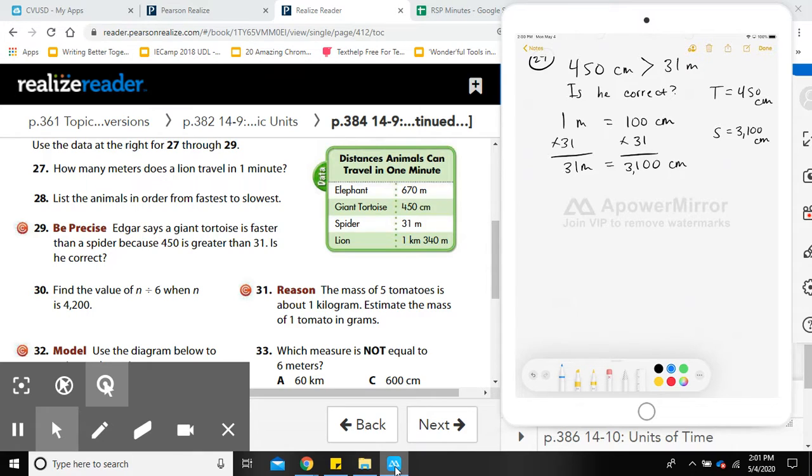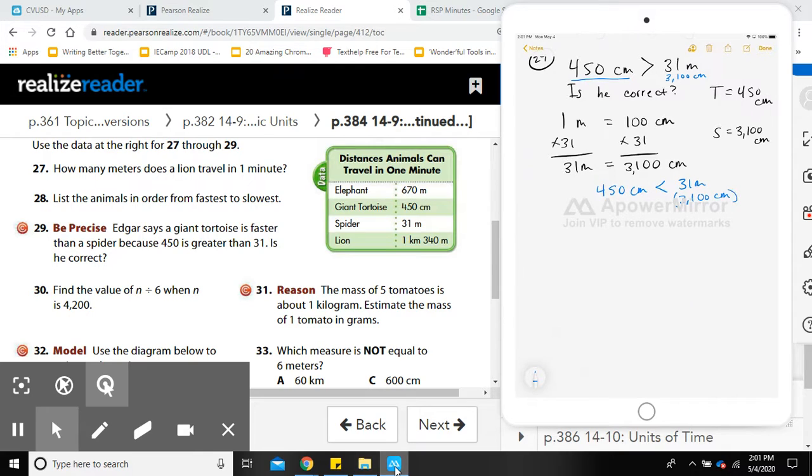So if we're looking at comparing those, let's change colors. If we compare 3,100 centimeters to 450 centimeters, is 450 greater than 3,100? No way. So this should actually be 450 centimeters is less than 31 meters or 3,100 centimeters.